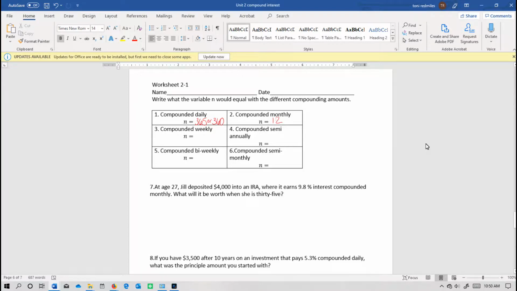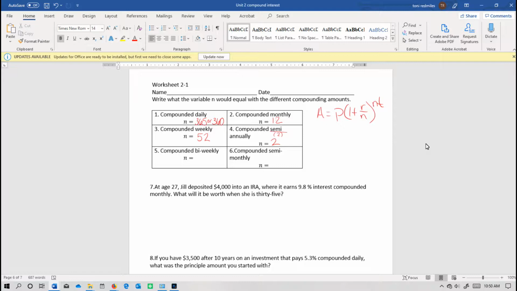And if I compounded weekly, there are 52 weeks in a year, so in 1 year I would do 52 times. These are just my n's so that I know in my formula what the n part is. If I compound semi-annually, remember the word semi means 2, you would compound twice in 1 year.